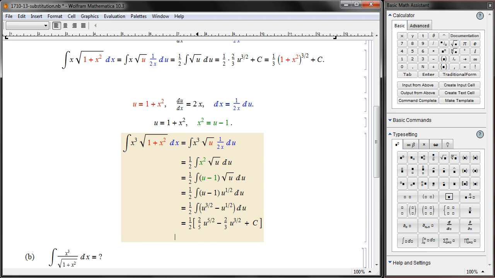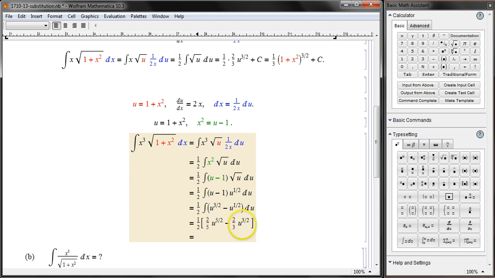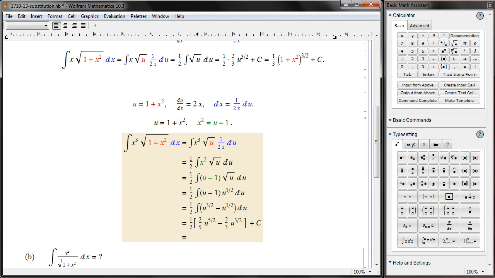Oh well, we're almost done here. As a matter of fact, why am I putting plus c over here? This is the antiderivative computation. It's all done, and the arbitrary constant comes here. Okay, all right. Let's finish this. I can distribute and simplify, but more importantly, I have to recall what u was. What is u? It's 1 plus x squared.